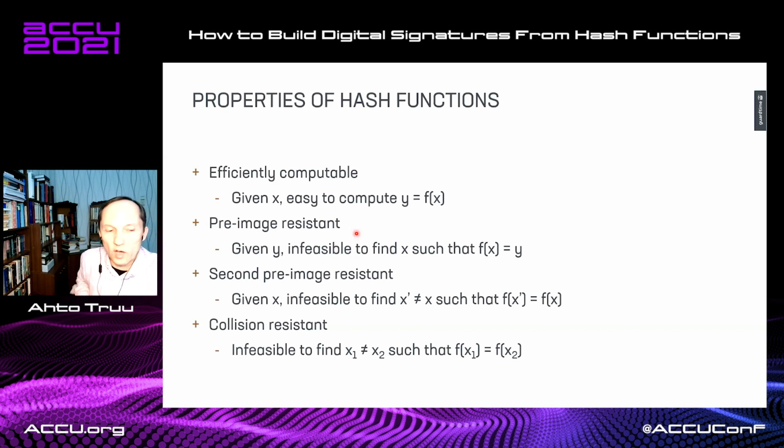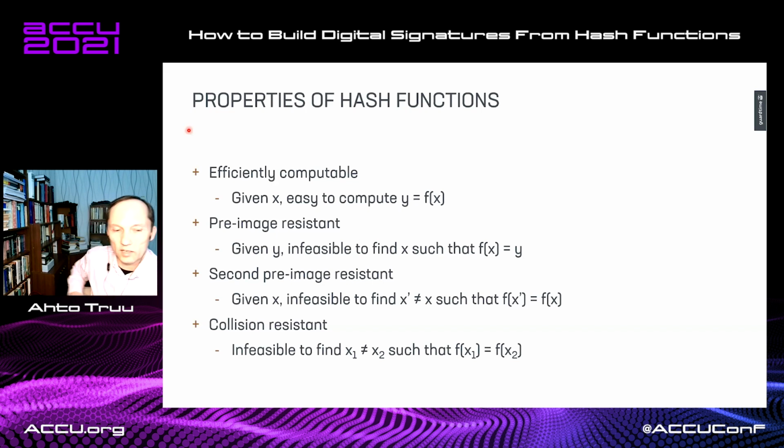The hash function also has to be collision resistant, which means that it must be infeasible to find two different inputs that map to the same output. On first glance, this might seem like, okay, we already have this property. What is the difference between second preimage resistance and collision resistance? And this is actually a trap. These are actually very different properties, cryptographically speaking.